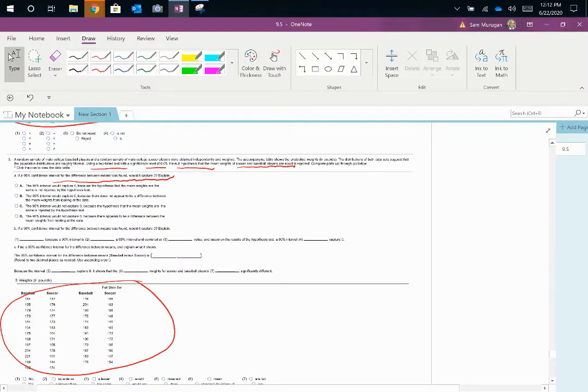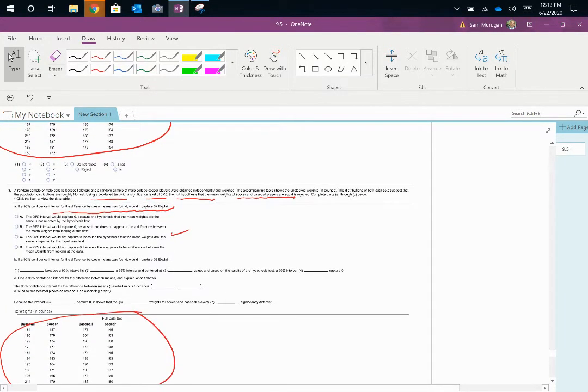And I believe it's this one. The 95% interval would not capture 0. Wait, am I in the right one? Yes. Would not capture 0 because the hypothesis that the mean weights are the same is rejected by the hypothesis test. Now, how do we know that?